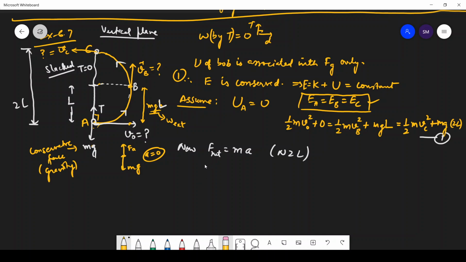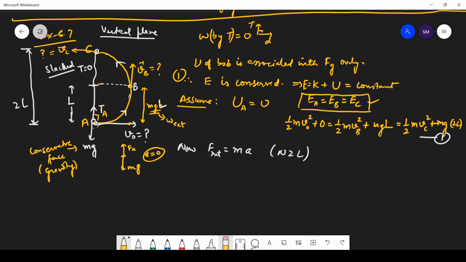So F net is equal to ma, Newton's second law. Let us see what two forces are acting at A: the tension TA and mg. When this was at rest, TA was equal to mg.